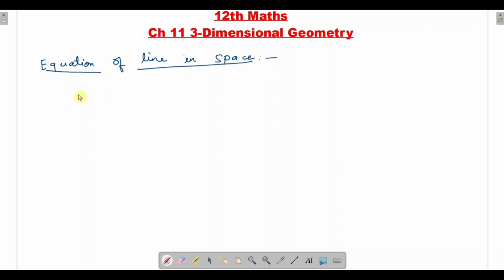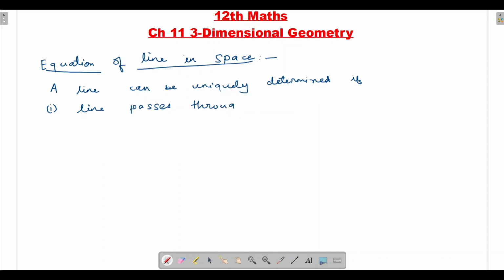The equation of line can be determined in two ways. A line can be uniquely determined, first, if the line passes through a point and has a given direction.